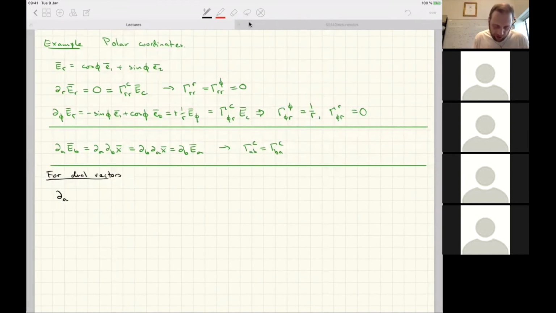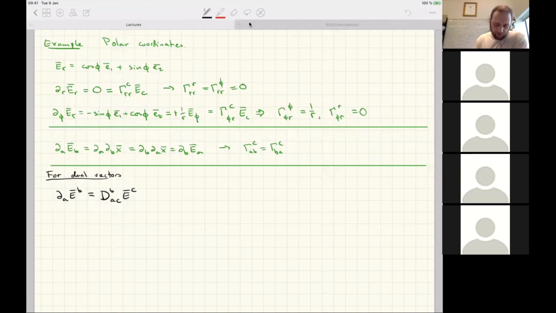We're going to check how the dual basis changes with the position. Now, by the same argument that we had before, I can write this as some BAC times EC. And the question is what this BAC is.